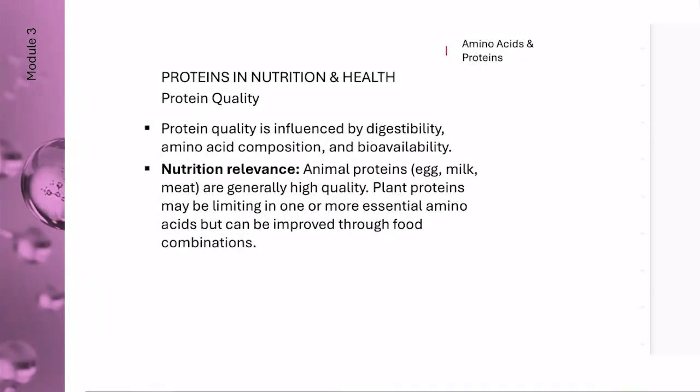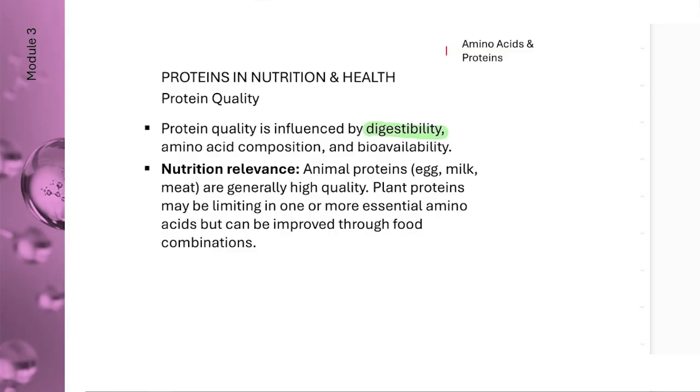So still on protein quality, obviously a lot of qualities influence protein quality, and one of those qualities is digestibility. That is, the fact that your body is able to digest the protein and expose the amino acids.